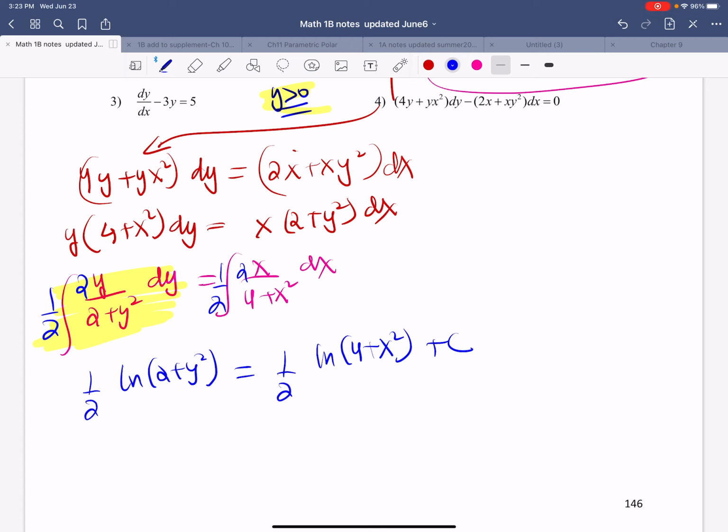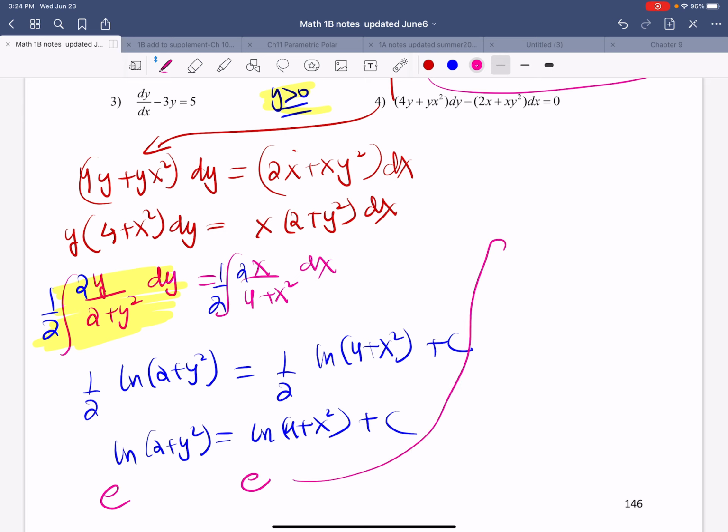Okay, now what can we do? We can multiply everything by a 2 to make our life easy. Natural log of 2 plus y squared is equal to natural log of 4 plus x squared plus c. c times 2 is still a constant, so I'm just going to leave it as a constant. Now we can raise both sides to the power e because we don't want to have natural logs there.